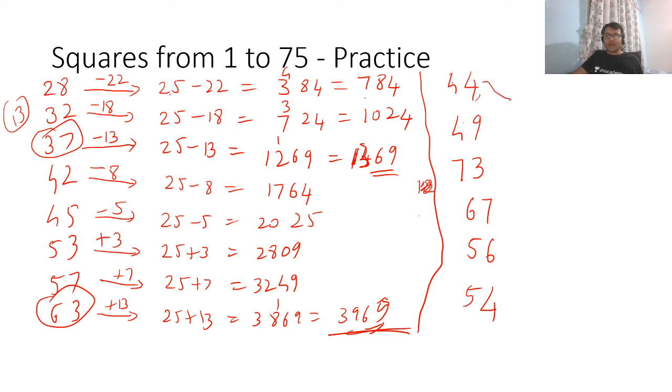If you look at 44, square is 6 less than 50, so 25 minus 6 is 19, and 6 square is 36.